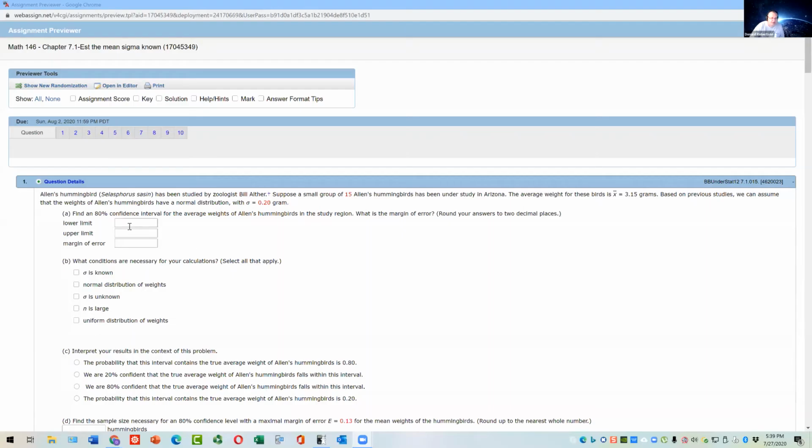I have two here. I think it's this one. It is, okay. So in my particular question, I would be writing down 3.0838. And then on the upper limit, I would be writing 3.2162.